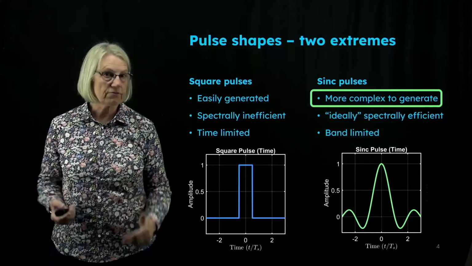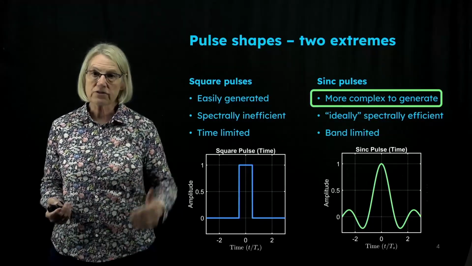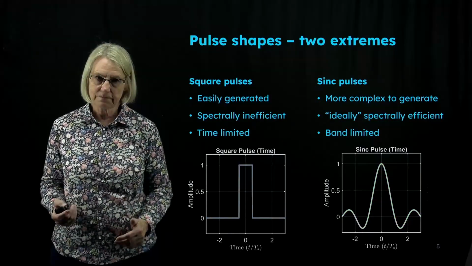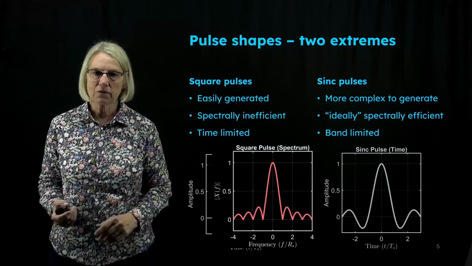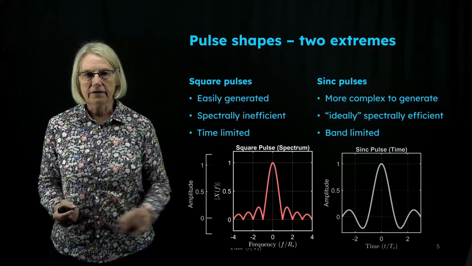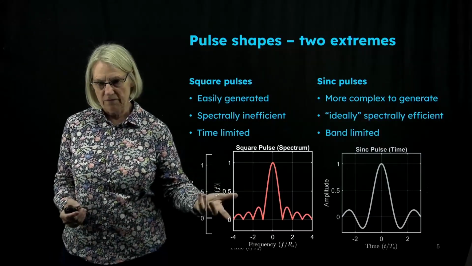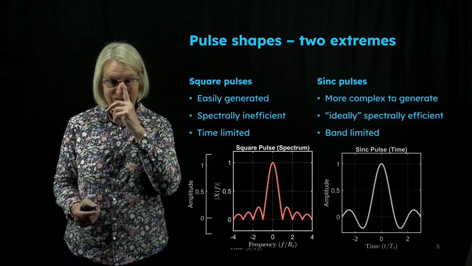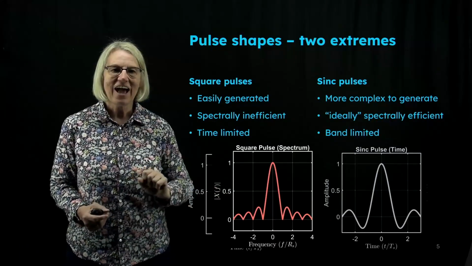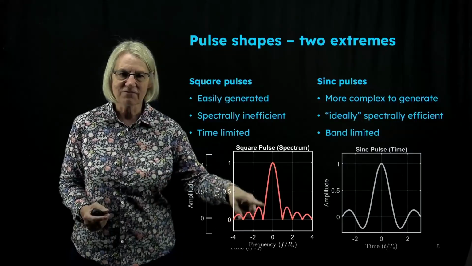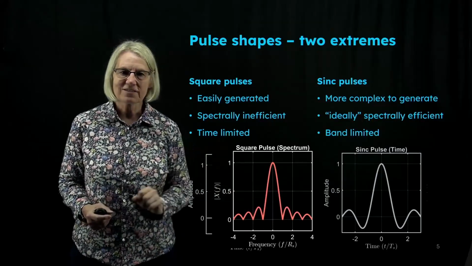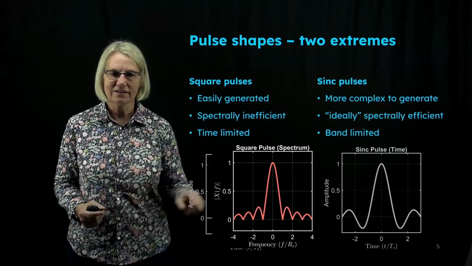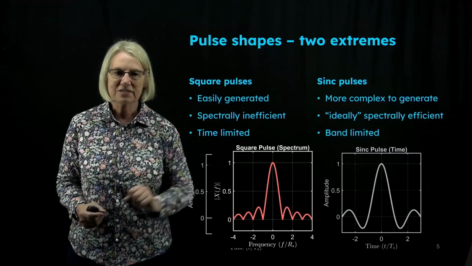Now let's use that Fourier transform and look at the spectrum for these pulses. We're leaving the time domain and going to the frequency domain, and the Fourier transform of a rectangle is a sinus cardinal, a sinc function. This is the sinc function magnitude, the spectrum in the frequency domain.